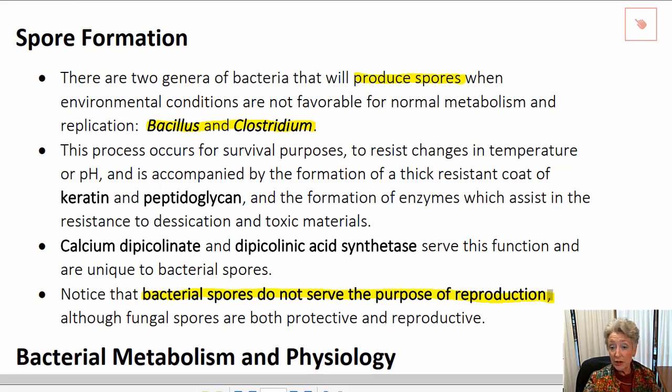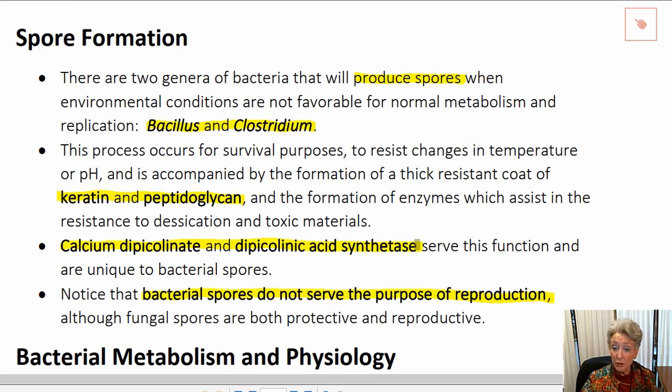So if a bacillus or a clostridium find themselves in an unfavorable environment, too hot, too acid, too alkaline, too dry, they will form a very rigid, impermeable cell coat of keratin and thicker than normal peptidoglycan, and they will create some enzymes that will allow them to protect themselves in that particular bad environment.